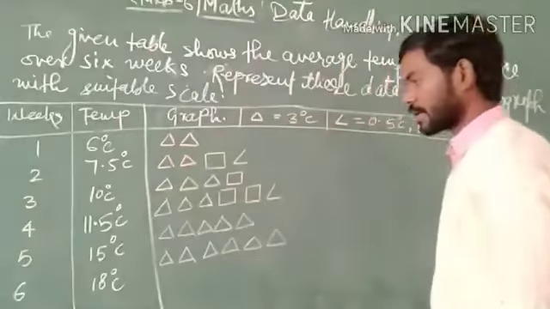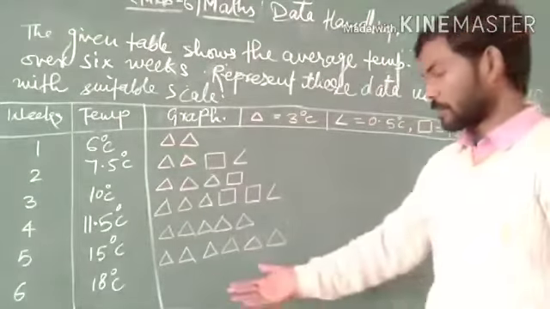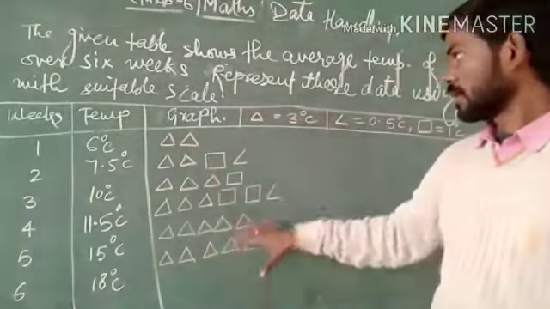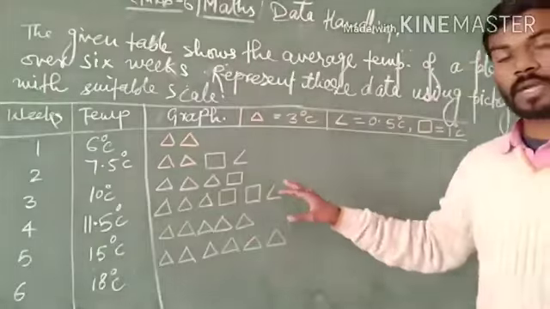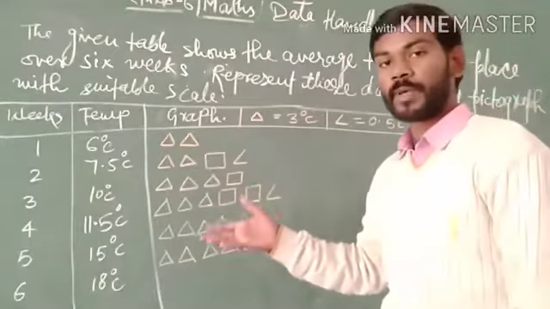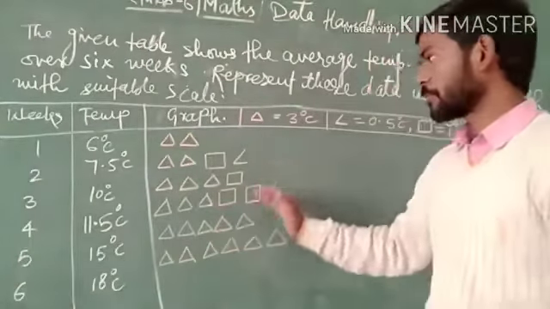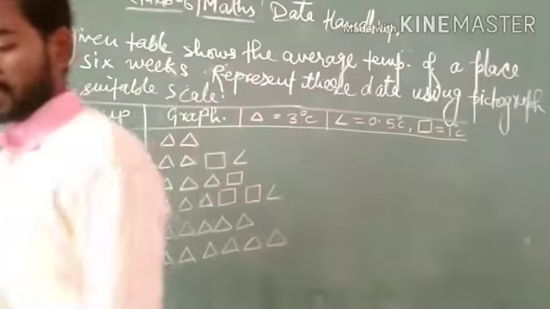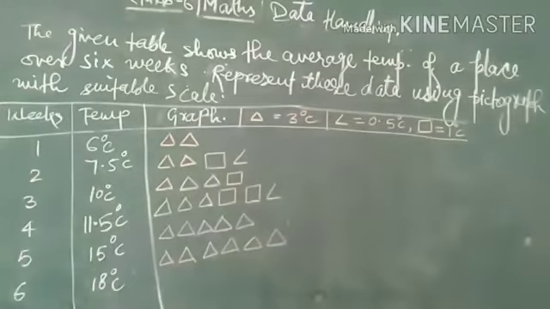Therefore, 18 degrees centigrade is denoted by 6 triangles. So this is the representation of data using some pictures. That is why this representation of data is called pictorial representation of data. So I hope you have understood clearly.